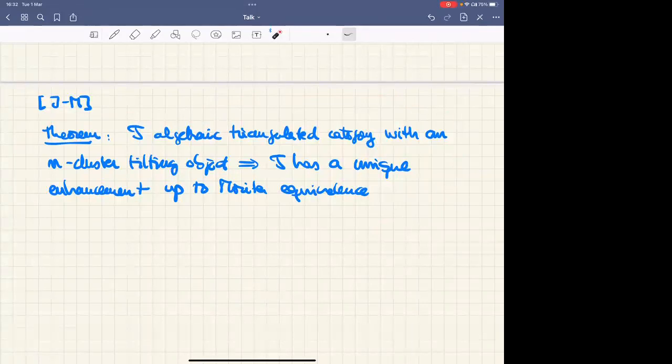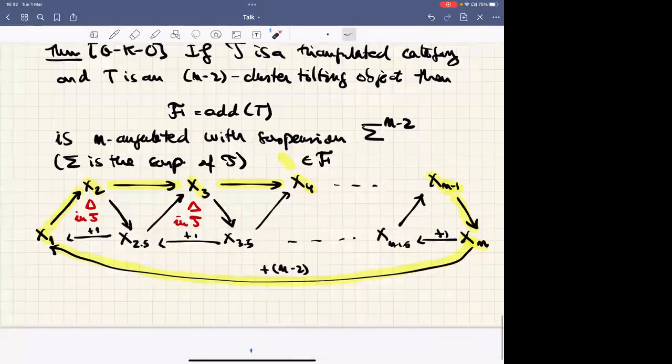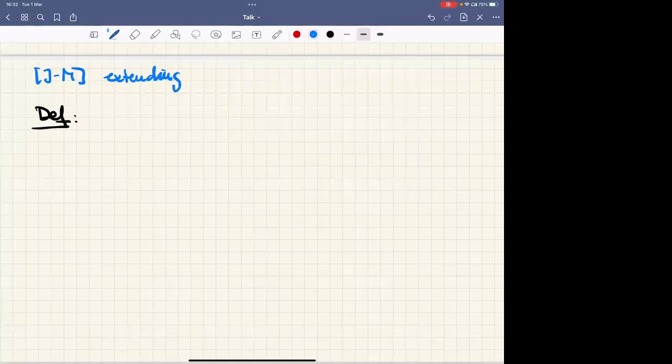So triangulated categories were way more important than n-angulated categories, as this is a typical case where we have a result which is only on triangulated categories, but for its proof, we need to use n-angulated categories and things related to them. So we need the notion of algebraic n-angulated categories, okay? So now we will give a definition which somehow is due to us, but it extends the usual notion of algebraic triangulated category due to Bondal and Kapranov.